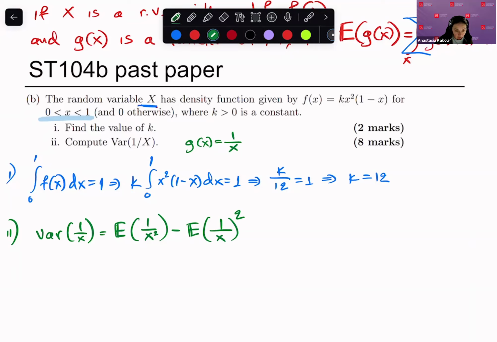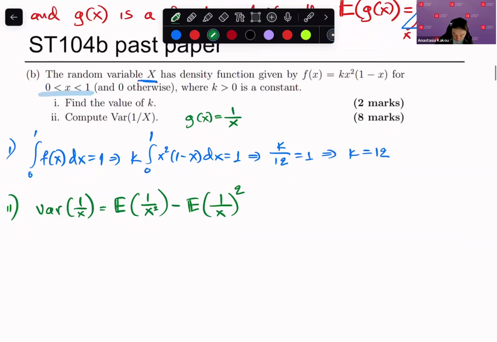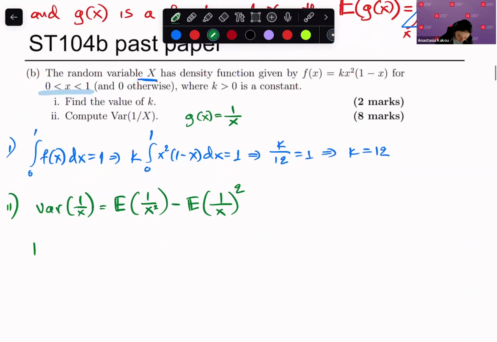So this is where we're going to use the property that I gave you earlier. 1 over x is a function of the random variable, so we take that function and multiply it with the PDF, and then integrate.